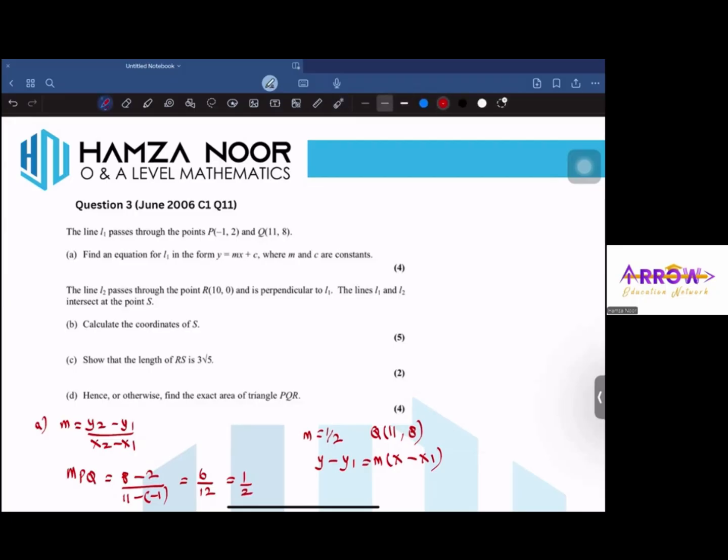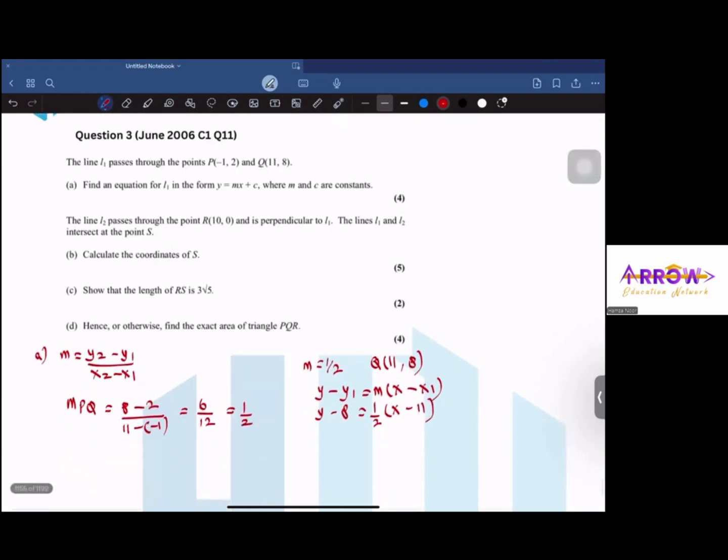So y - 8 = half multiplied by (x - 11). This means y - 8 = half x - 11 over 2. Then when we make y the subject, y = half x - 11 over 2 + 8.